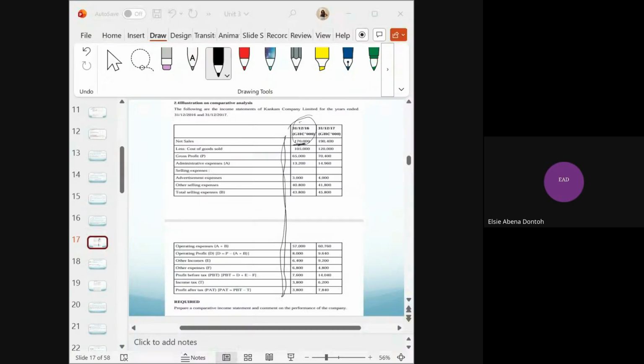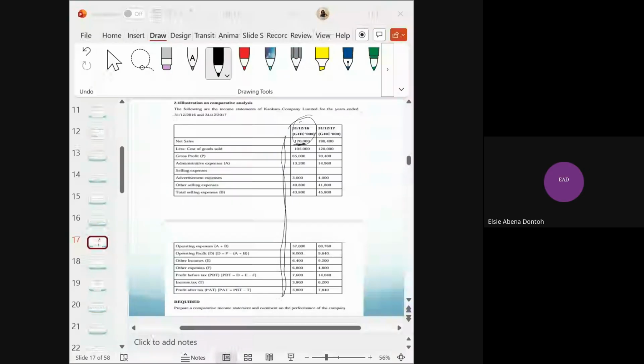Okay, so you do same for the others. So let's do for gross profit. What's the difference between 65,000 and 70,400? 5,400. So when you want to find it in percentage form, it will be the 5,400 divided by the figure for the base year.